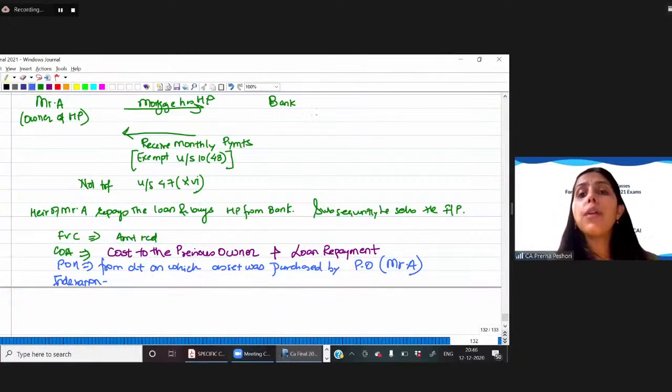So here it is important to note that the cost of acquisition will be the cost to the previous owner plus, to free up that property, the payment of the loan, so you will get the deduction of the loan repayment also.